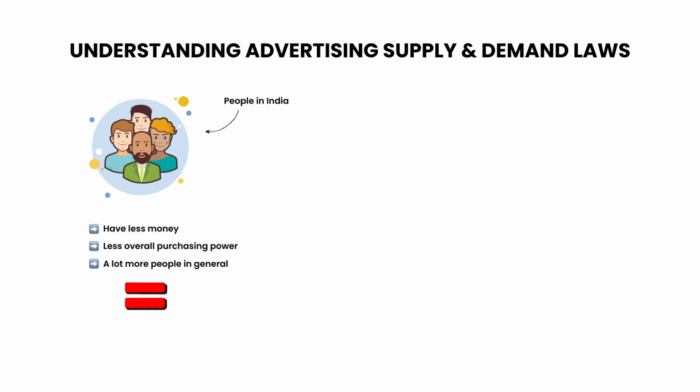But on the other hand, they have less purchasing power, and therefore fewer advertisers think it's viable to advertise in those areas, and also fewer digitally advanced companies are active and operating there. Meaning there are fewer advertisers overall for the amount of people that you are able to advertise to, meaning your CPM will be drastically lower. It will probably be just $1 or $2 to advertise to people in India.